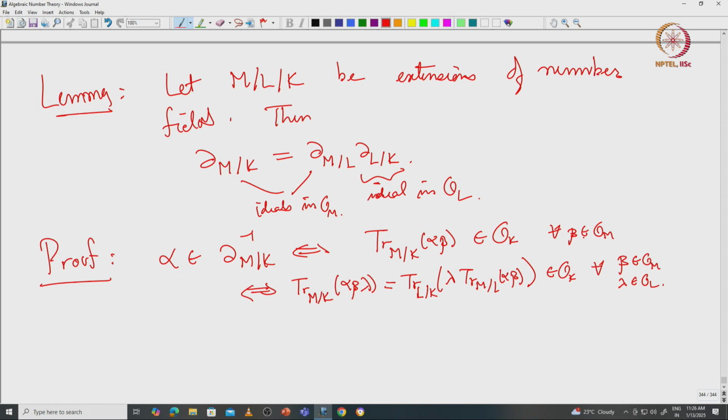Right. Because if I multiply this beta by lambda in the left hand side, I am not changing anything.